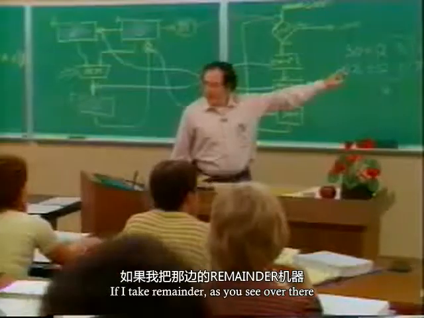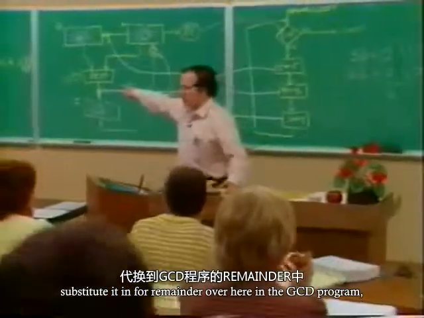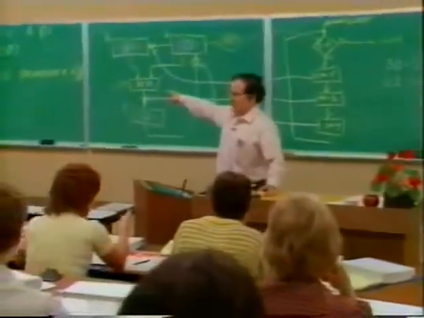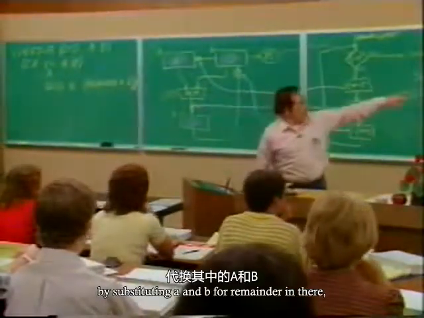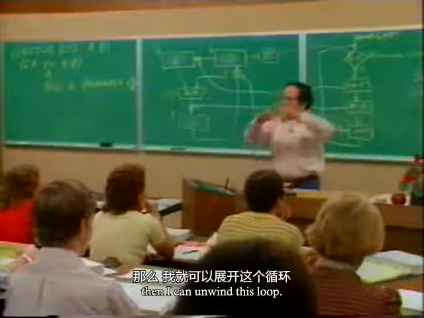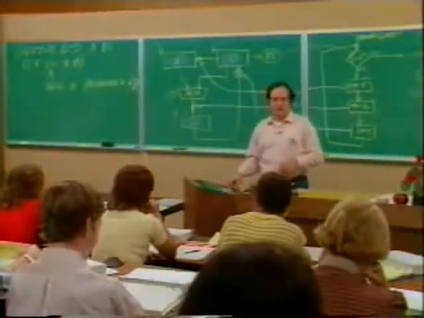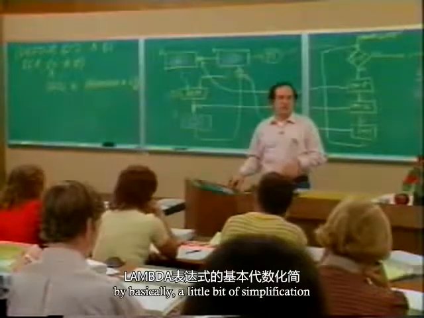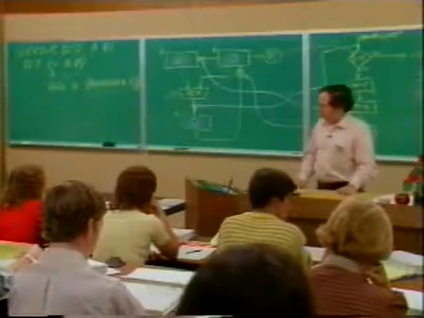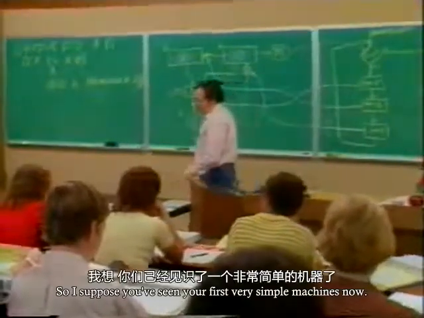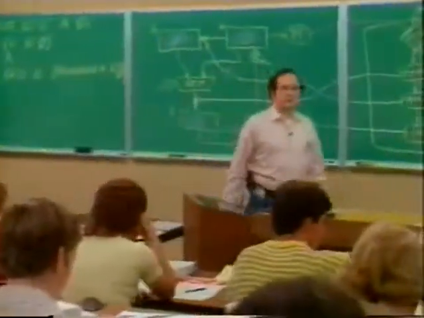If I take remainder, as you see over there, as a lambda expression, substitute it in for remainder over here in the GCD program, then do some simplification by substituting a and b for remainder in there, then I can unwind this loop, and I can get this piece of machinery by basically a little bit of algebraic simplification on the lambda expressions. So I suppose you've seen your first very simple machines now. I wonder if there are any questions.